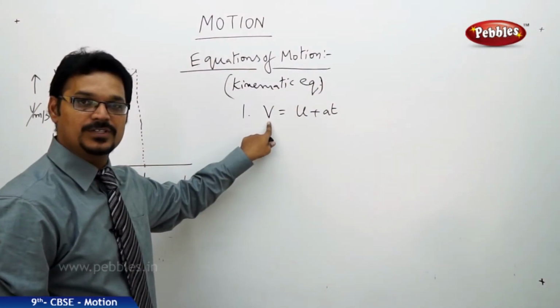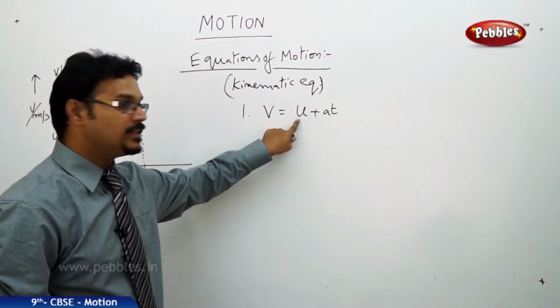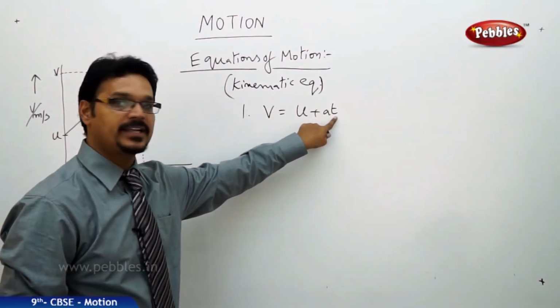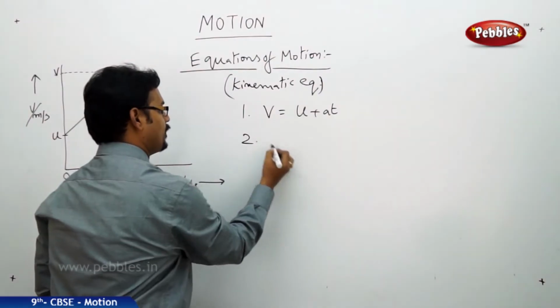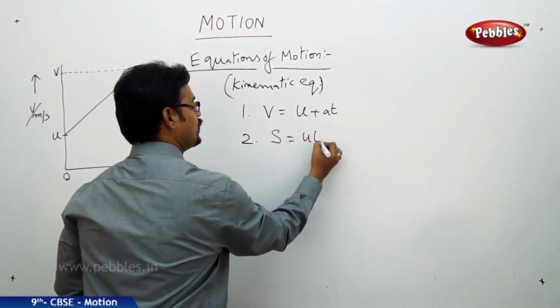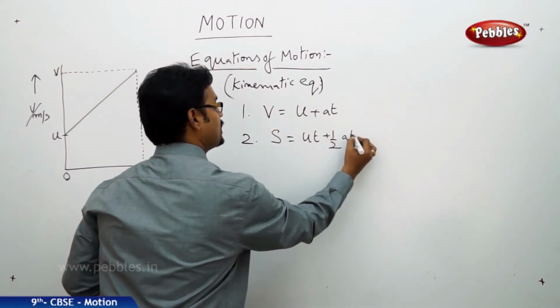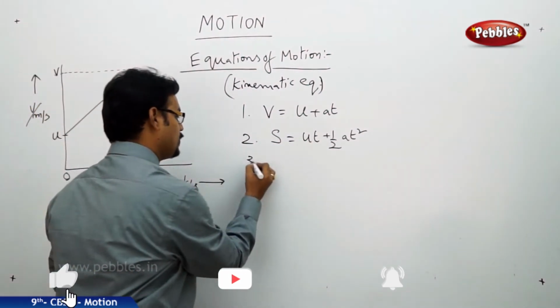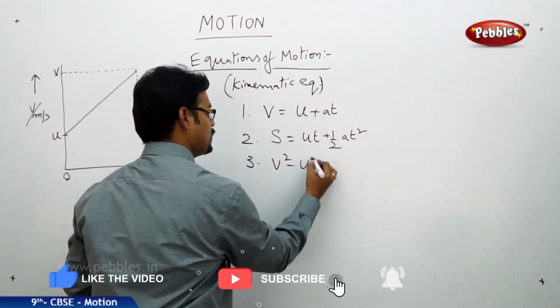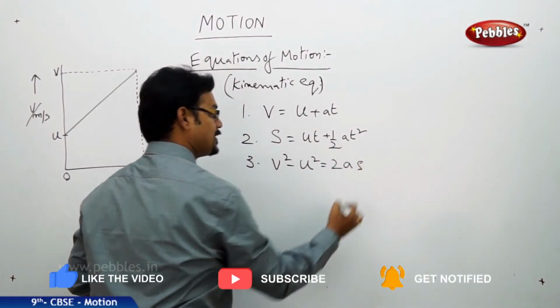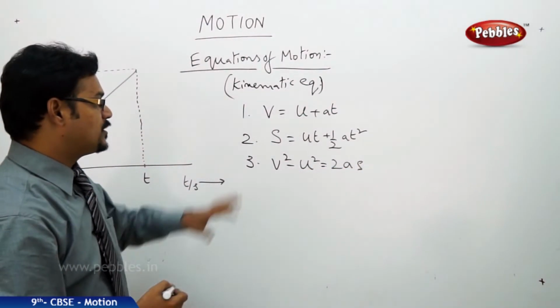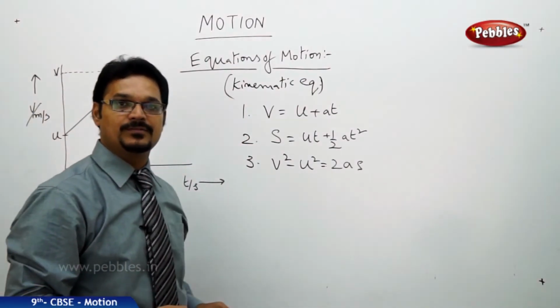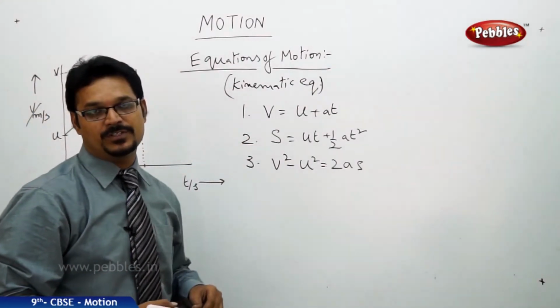V is final velocity, U is initial velocity, A is acceleration, T is the time taken. Now second one, S equal to UT plus half AT square. S is the distance traveled. Now third one, V square minus U square equal to 2AS. Now register these 3 formulas in your mind. You need to remember these equations.